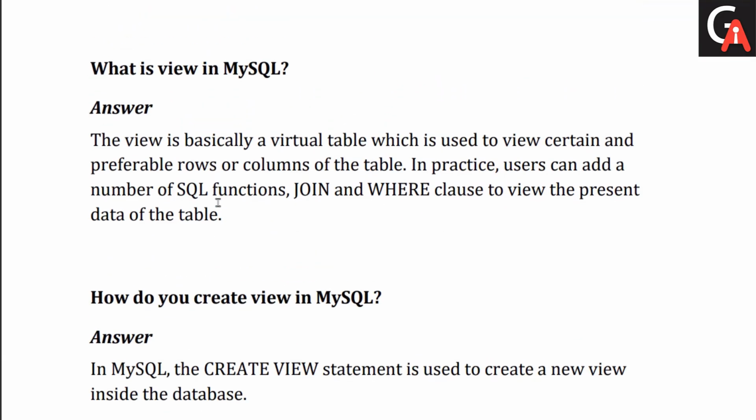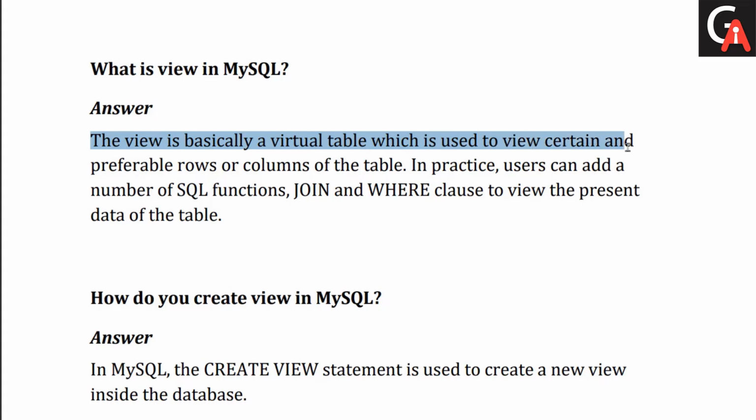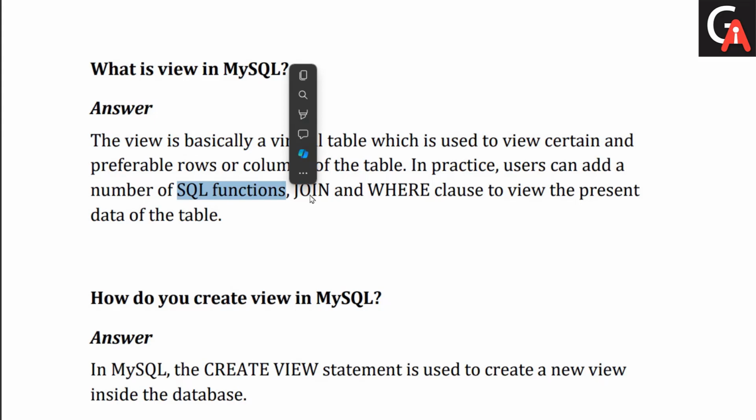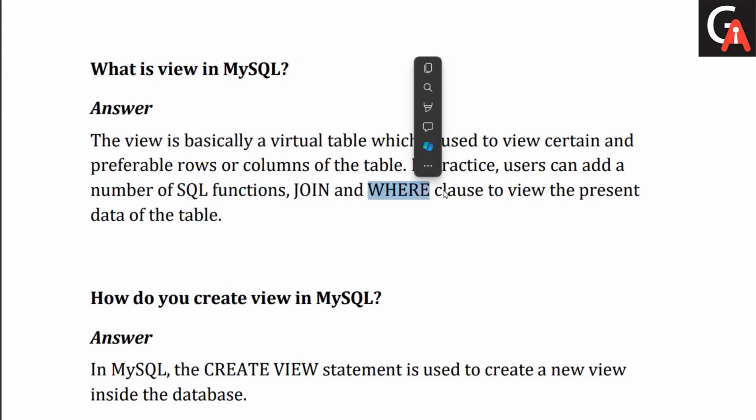Okay, next question, what is a view in MySQL? A view is basically a virtual table which is used to view certain preferred rows or columns in the table. In practice, users can add a number of SQL functions, joins and where clauses to view the present data in the table.